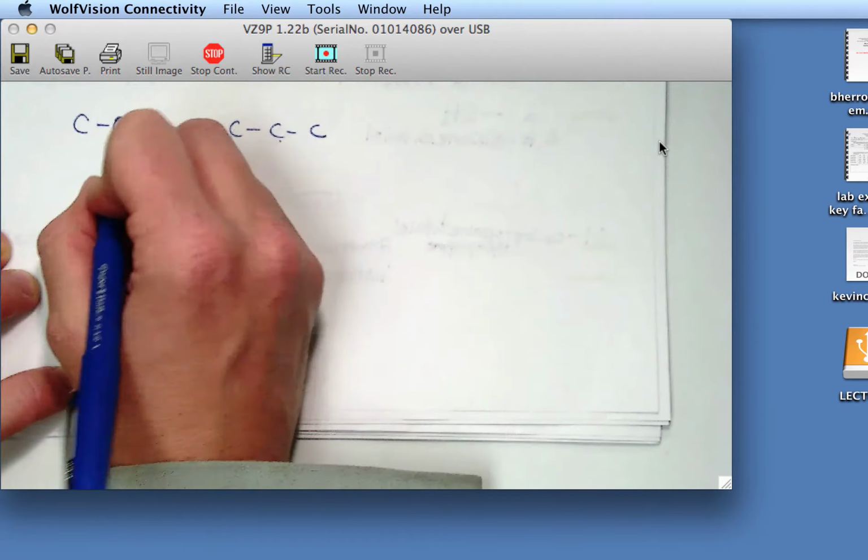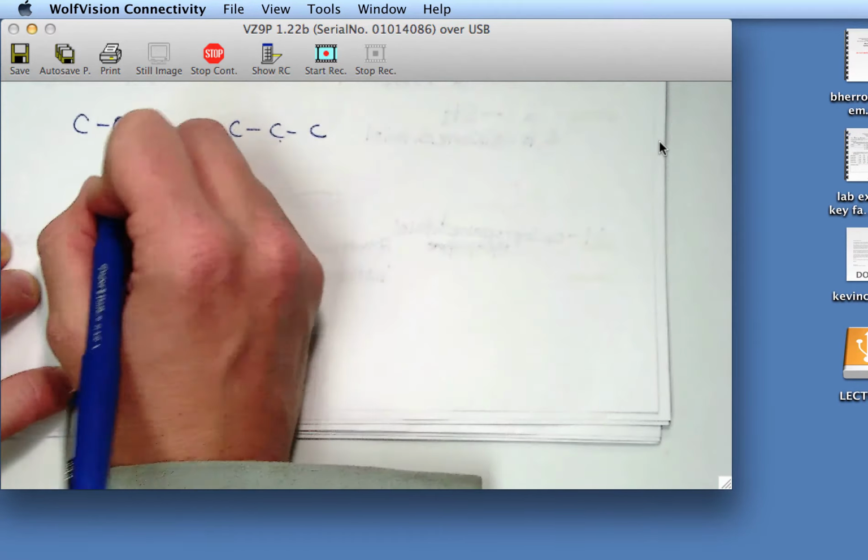But if I had the benzene ring, this kind of goes back to Unit 3, with 4 carbons coming off of it, who gets the parent? The 4 carbons or the benzene? The benzene.